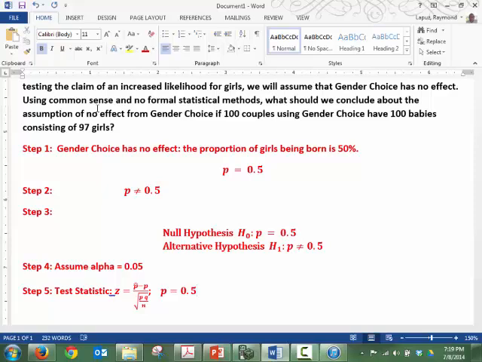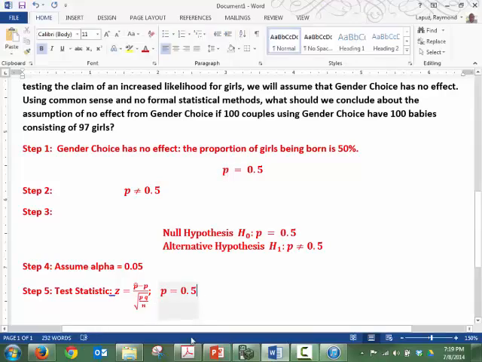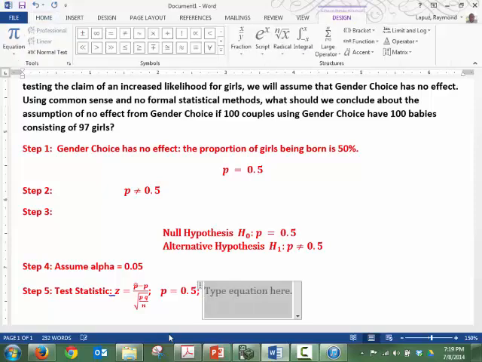The null hypothesis. They have P there already. That's where P comes from. So we got P. Down here there's a Q. If there's a P, then there's a Q, right? Q equals 1 minus P, and P is 0.5. So 1 minus P is also 0.5 in this case.